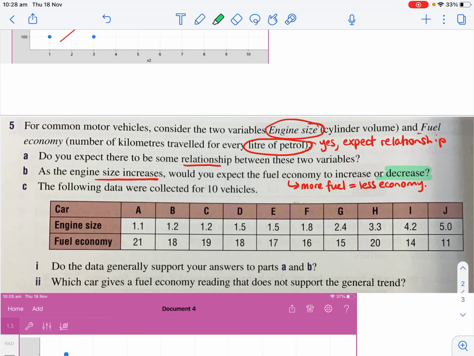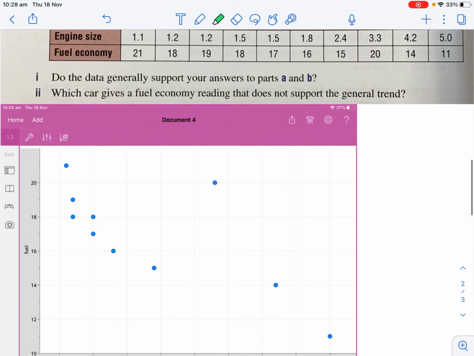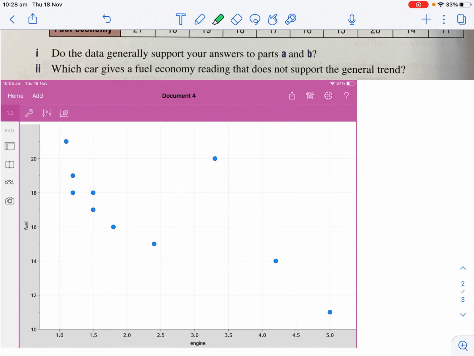The following data were collected from 10 vehicles. Here's my data. Do the data generally support your answers to part A or B? Rather than just looking at the numbers, I've put it into a scatter plot. So I can say, does it generally support my understanding? On the bottom here, the independent variable is the engine size, because that's making a change to the amount of fuel.